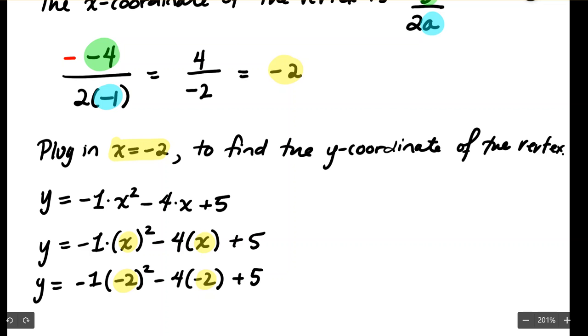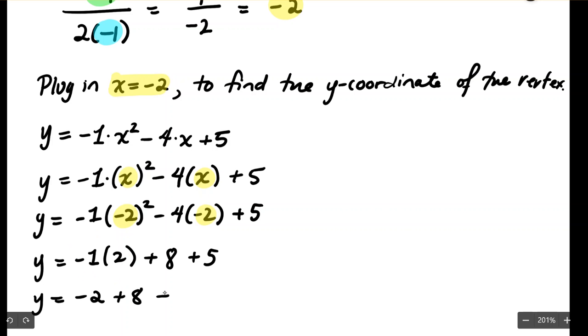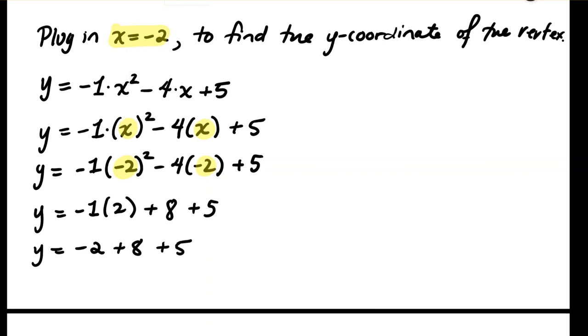So negative 2 squared is positive 2. And now we've got minus 4 times a minus 2, which is positive 8. We have minus 1 times 2 is minus 2, plus 8 plus 5.